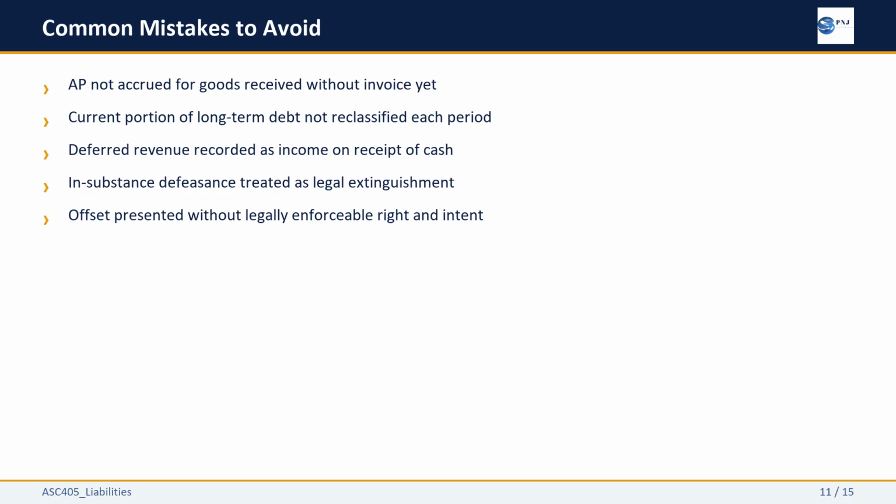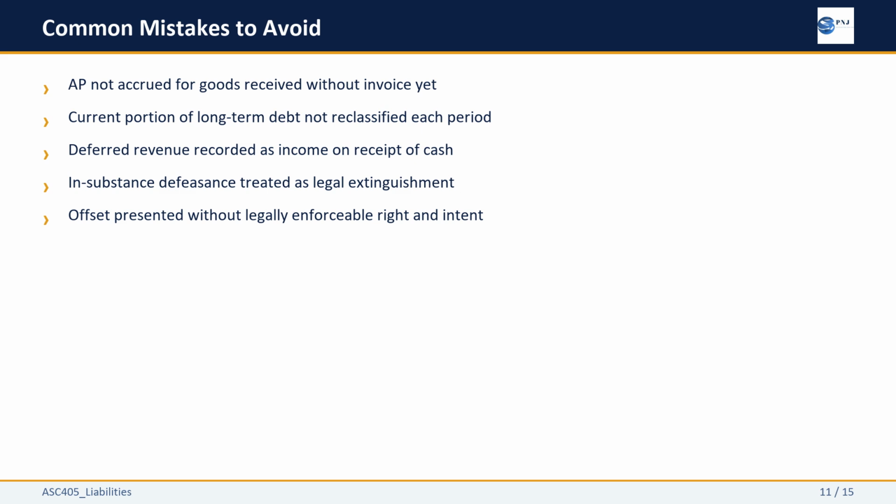These are the errors that show up most often in practice, and each one has a clear prevention. If goods arrive before period end but the invoice has not, you still have a payable. Review your receiving reports. The current portion of long-term debt must be reclassified at every single period close, not once a year.